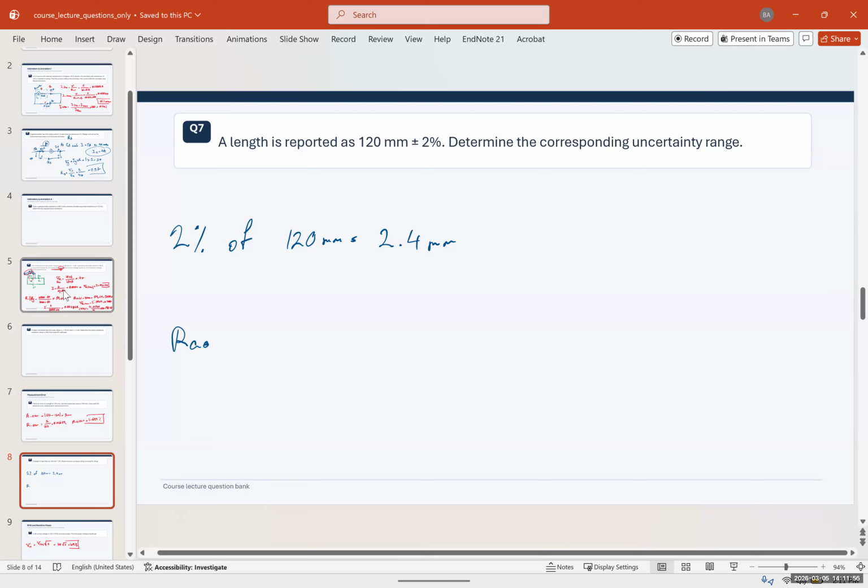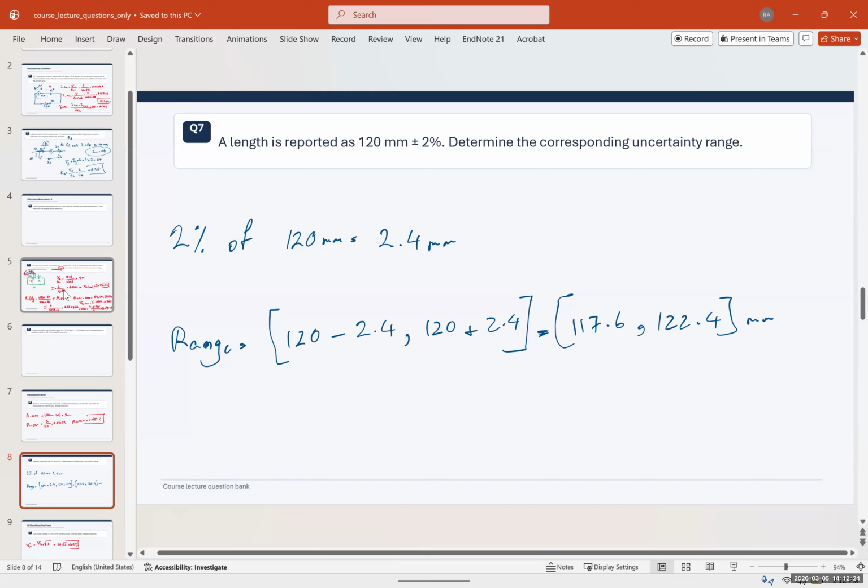So the range is going to be equal to 120 minus 2.4 and 120 plus 2.4, which is going to fall between 117.6 and 122.4 millimeters.